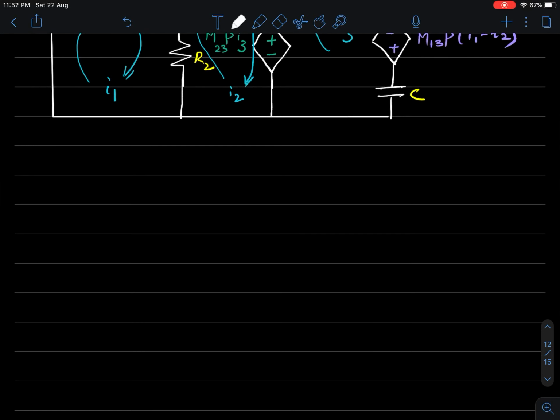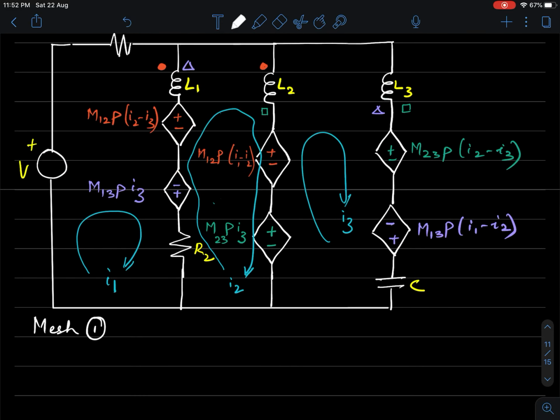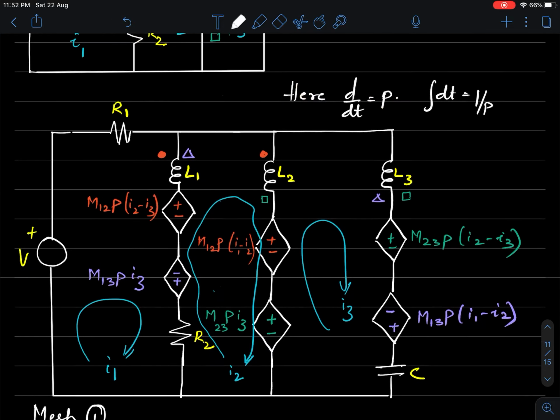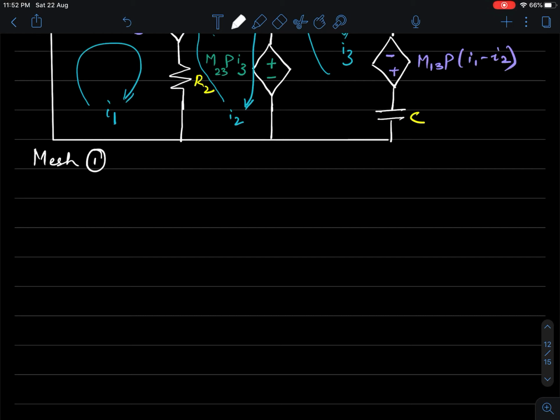Okay. So writing the mesh equation for mesh 1, I start from the top left corner, go like this, and come back. That's my path. If I do that, I'll hit R1 first. So my equation is going to be R1 I1. Then I get L1.